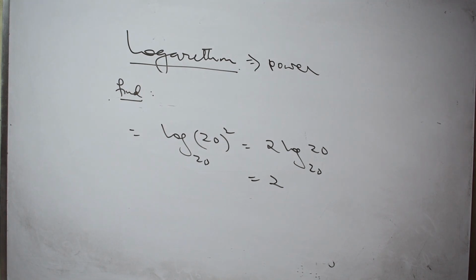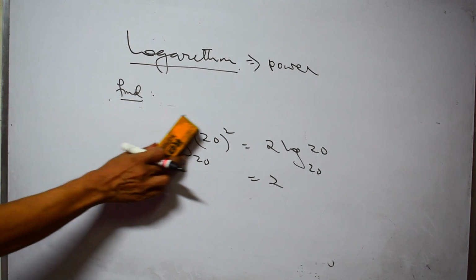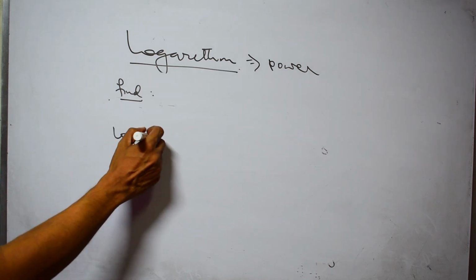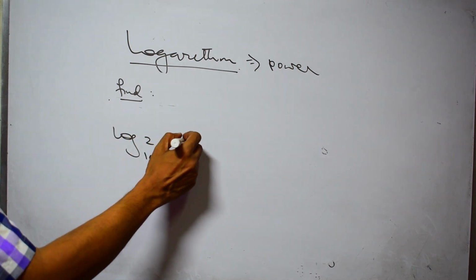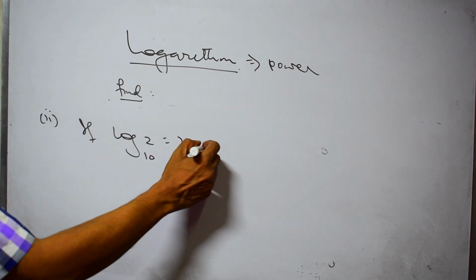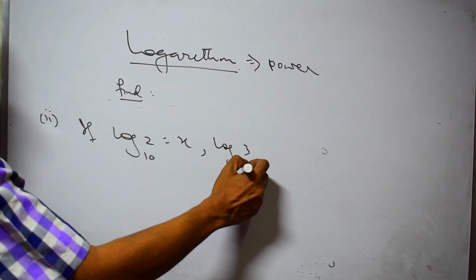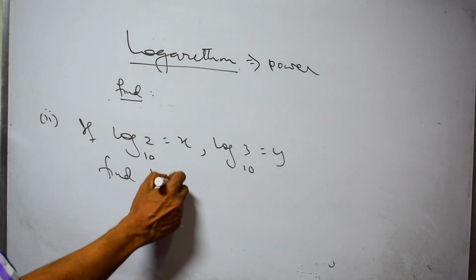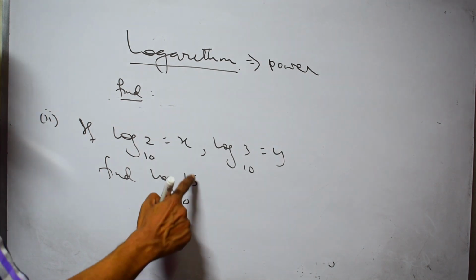Now we have some more examples. Suppose log 2 to the base 10 is x, and, as the second condition, log 3 to the base 10 is y, and we have to find log 15 to the base 10.